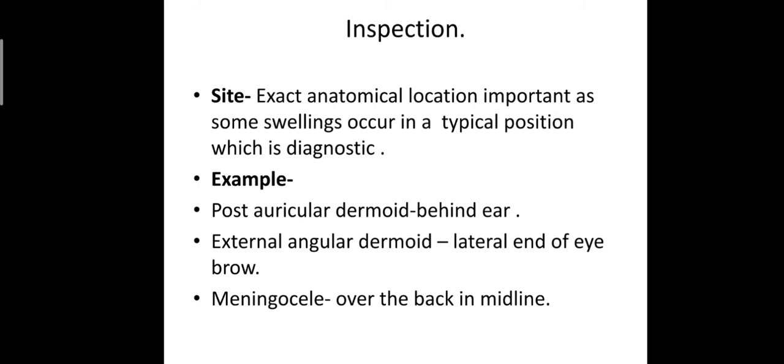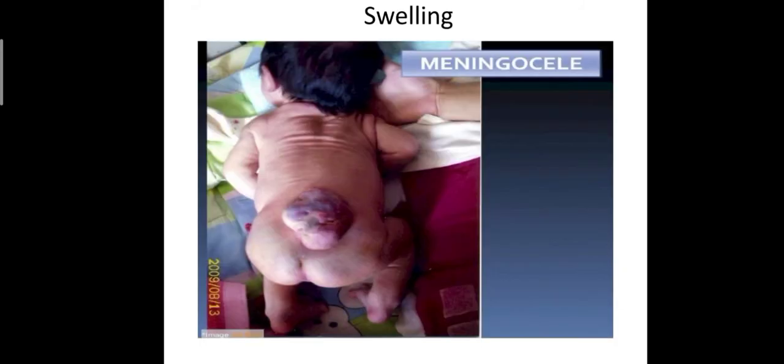Example: post-auricular dermoid behind the ear, external angular dermoid at the lateral end of the eyebrow, meningocele over the back in the midline. So we see a meningocele in this diagram.